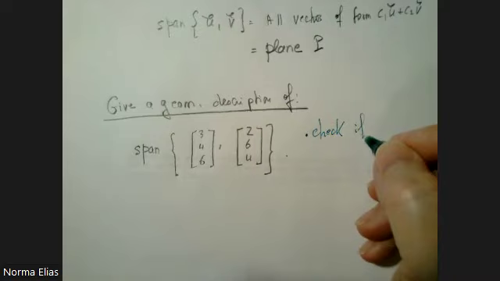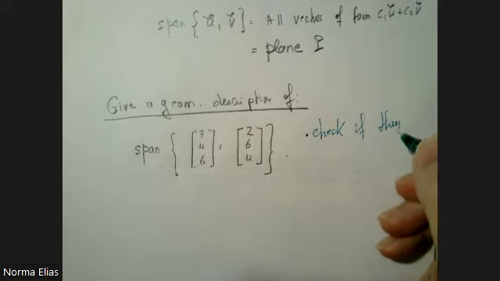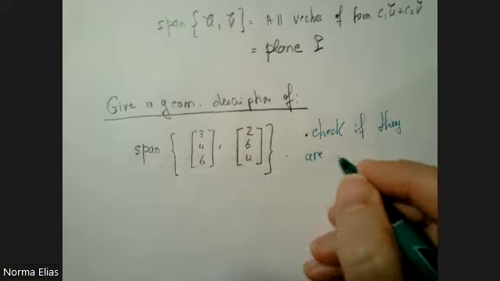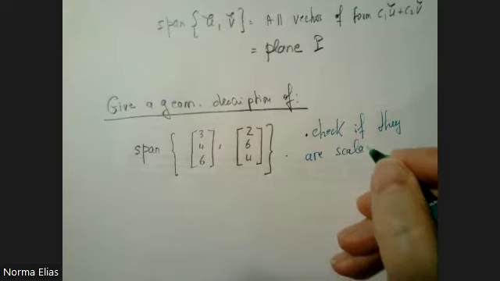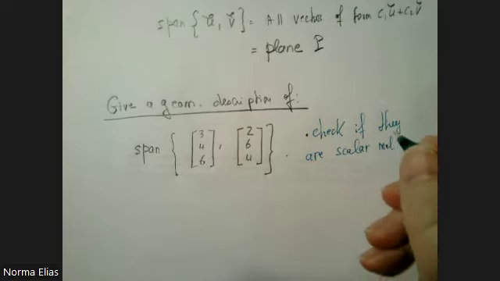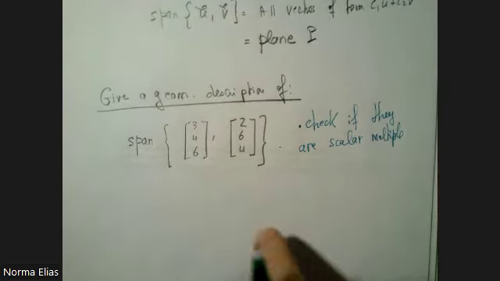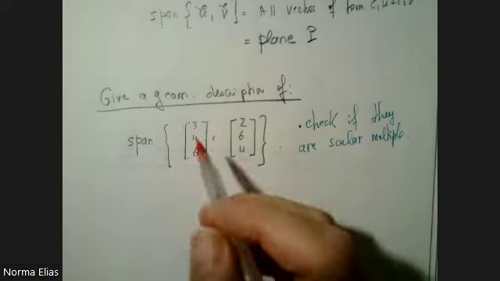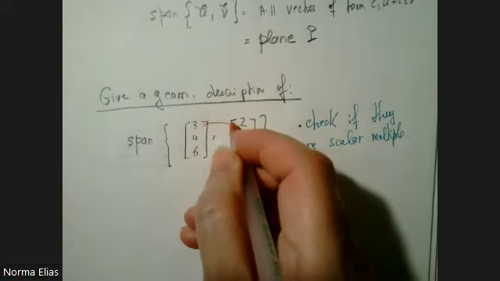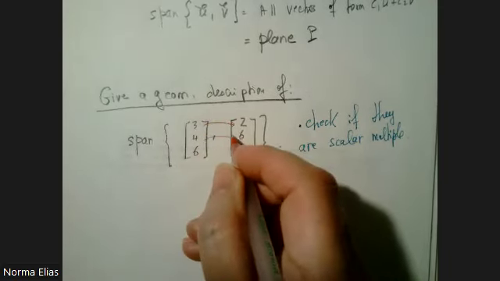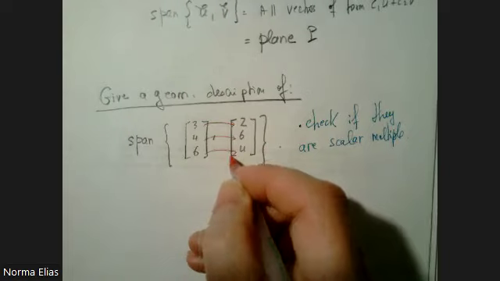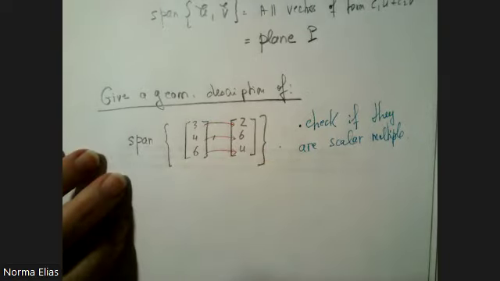If they are scalar multiples, then it's going to be a line. So check if they are scalar multiples. Are those vectors scalar multiples of each other? Means is there a common multiplier between the components?